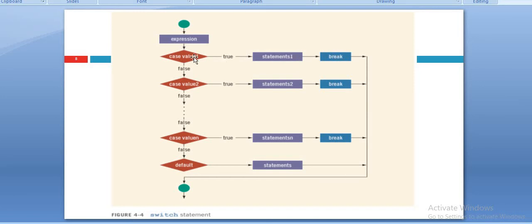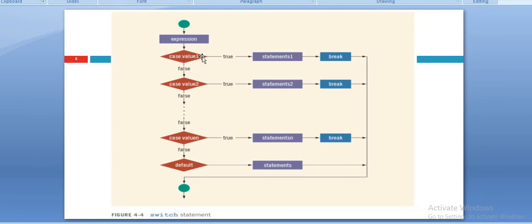For example, this is true, statement will be executed, break will terminate or bypasses this complete case statements, and it goes to the normal execution after the case statements.